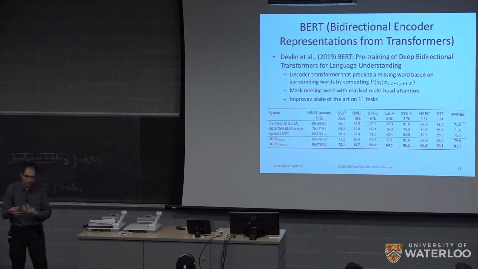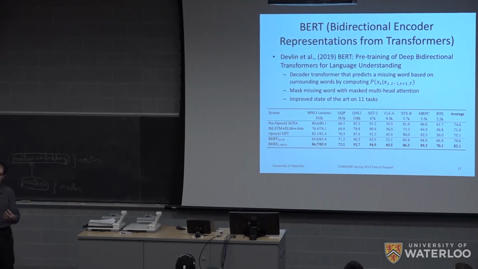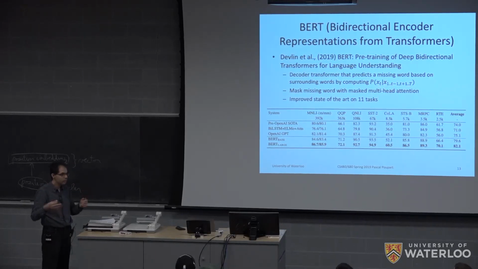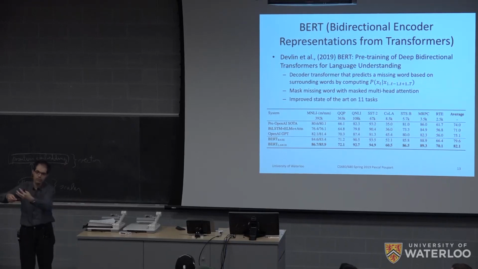So it's another variant of the transformer network, and the main advance that is being proposed here is that instead of just predicting the next word in the sequence, why don't we predict a word based on the previous words and then the future words?